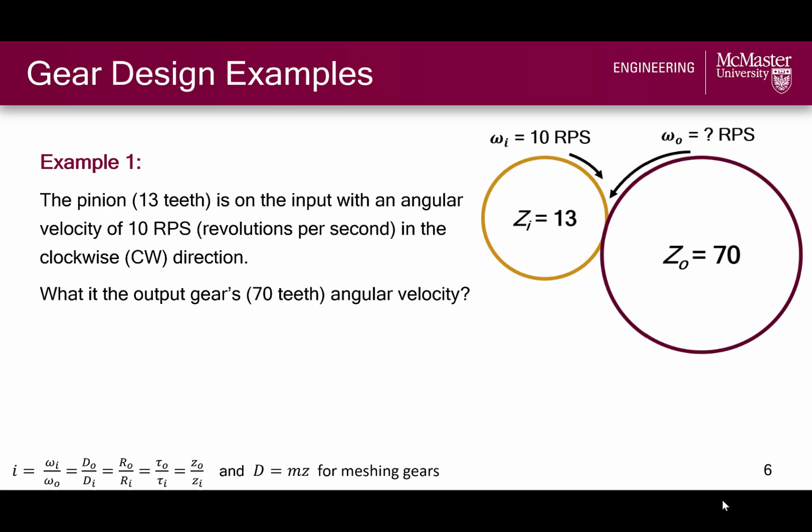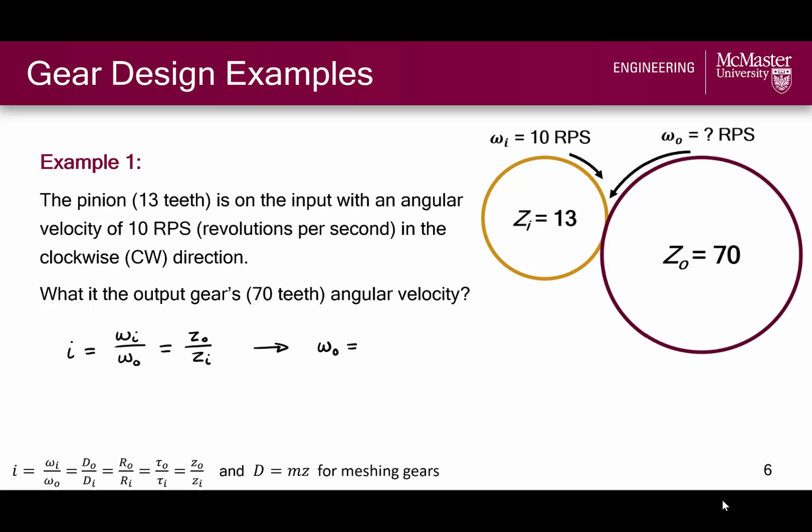In this first example, we have the pinion with 13 teeth on the input with an angular velocity of 10 revolutions per second clockwise and an output gear with 70 teeth. We want to know the output gear's angular velocity, which we can calculate using the gear ratio equation I equals omega in over omega out, which is also equal to Z out over Z in.